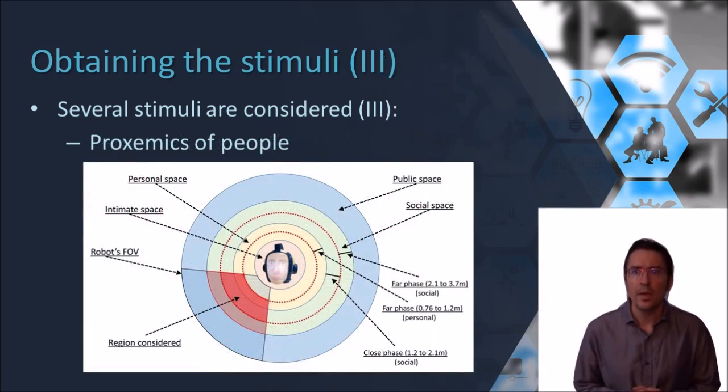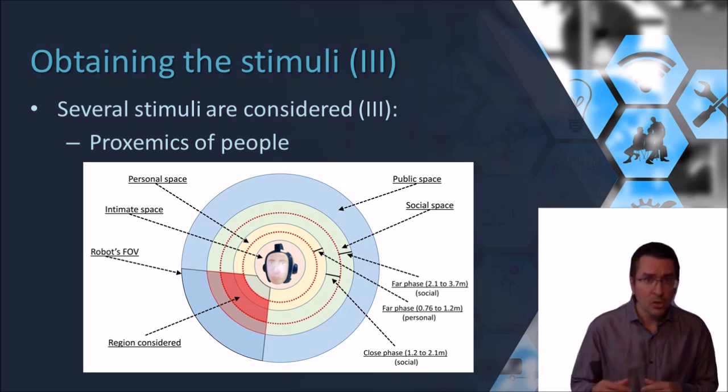Finally, we analyze the proxemics, which is the distance between the robot and the people. This information is useful because our robot interacts with people that are situated in the personal and social zones.